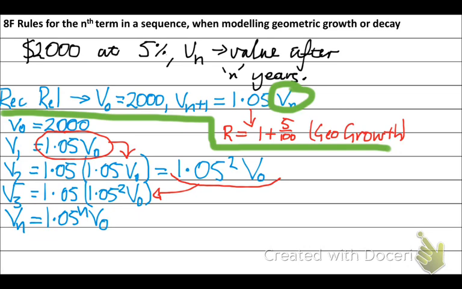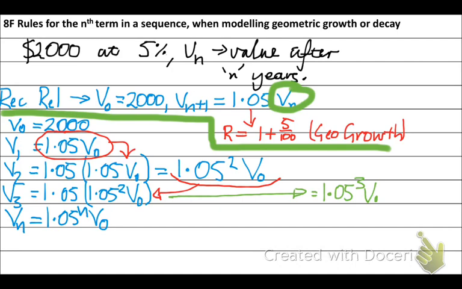What I should have put in that last line was, if we expand this out, we get 1.05 cubed times V0.